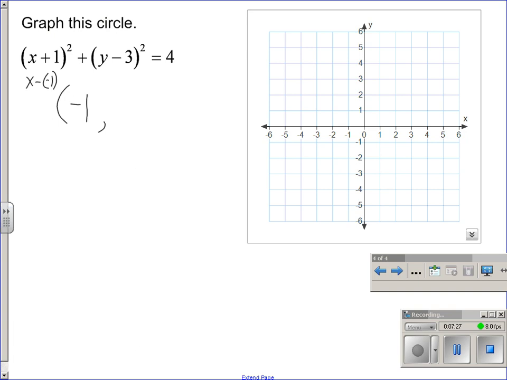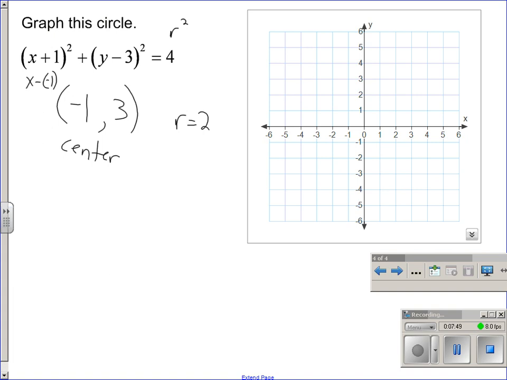So, if you got x plus, you are subtracting a negative. The y-coordinate is y minus 3, so our y-coordinate for the center is 3. So there's our center. The radius in our generic equation, that number was r squared. So 4 is r squared. That means r is 2.